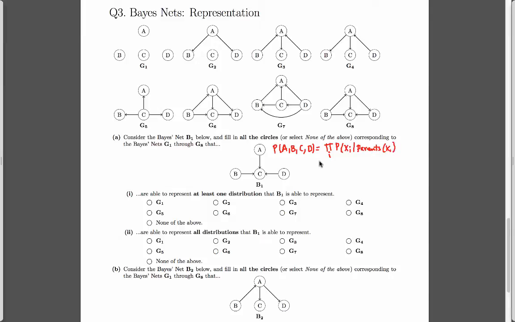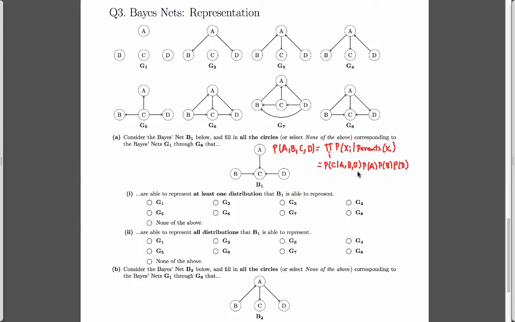So for this graph, we have the probability of C given A, B, and D, because those are its parents, times the probability of A, because A doesn't have any parents, probability of B, because B also doesn't have any parents, times the probability of D, because D also doesn't have any parents. So this is the probability distribution that this Bayes net can represent.